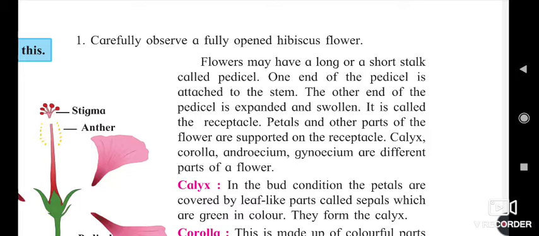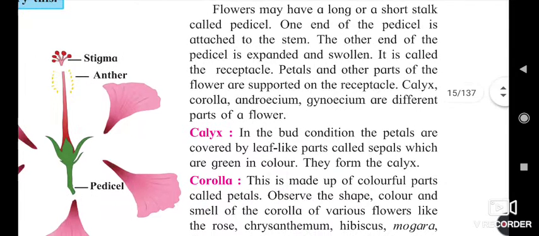The petals and the other parts of the flower are supported on the receptacle. Calyx, corolla, androecium, gynoecium are different parts of a flower. In the bud condition, the petals are covered by leaf-like parts called sepals, which are green in color.